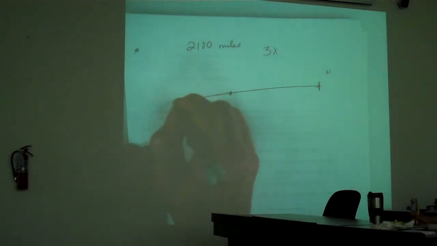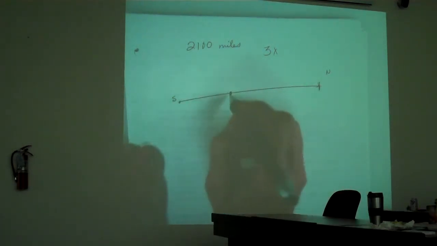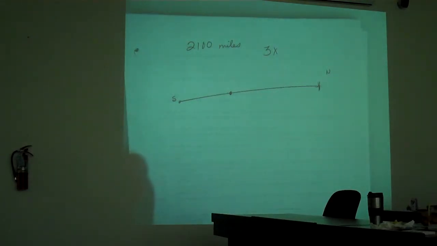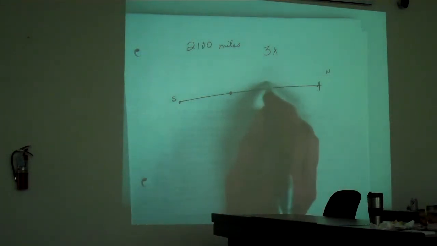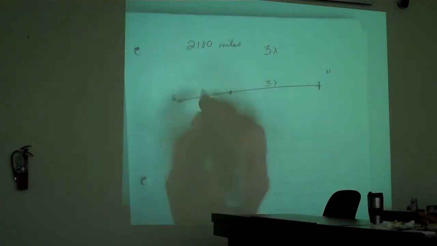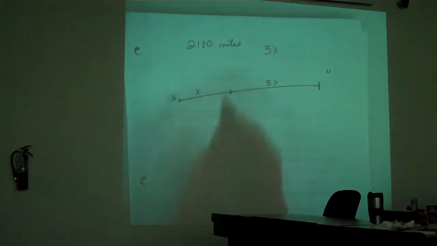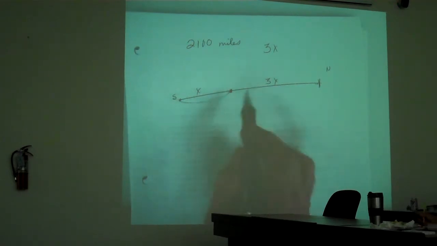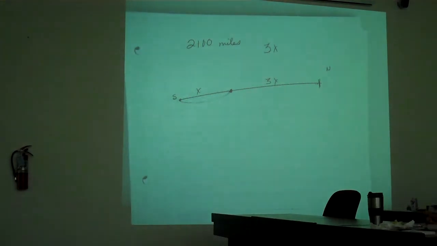This is your southern peak. So who's in the middle? Not quite, somewhere in the middle, yeah. Not a third. But he's 3 times as far from the north peak as he is from the south peak. If X is how far he was from the south peak, he's 3 times as far from the north as he was from the south.